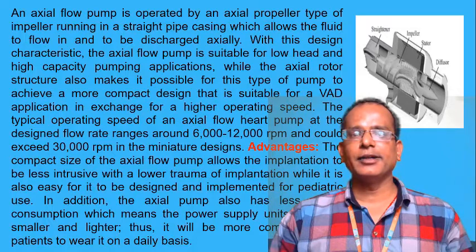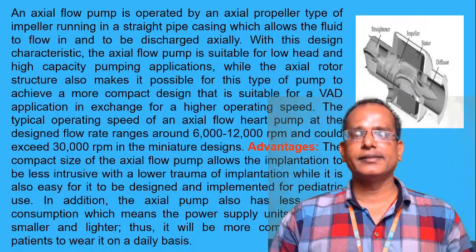The typical operating speed of an axial flow heart pump, at the rated design flow rate, ranges around 6,000 to 12,000 RPM, and the speed can reach up to 30,000 RPM in miniature designs. The advantage of the axial flow pump is its compact size.